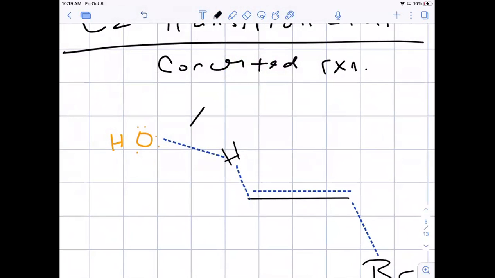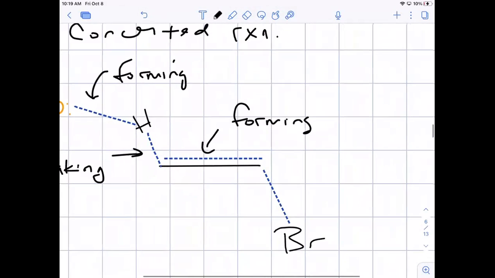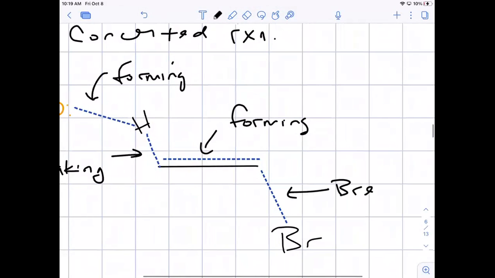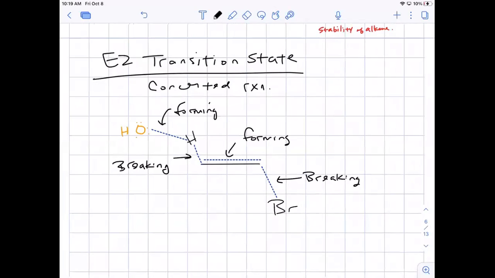So this is forming. This is breaking. That's forming. And then this is breaking. That's what the transition state looks like for E2 elimination.